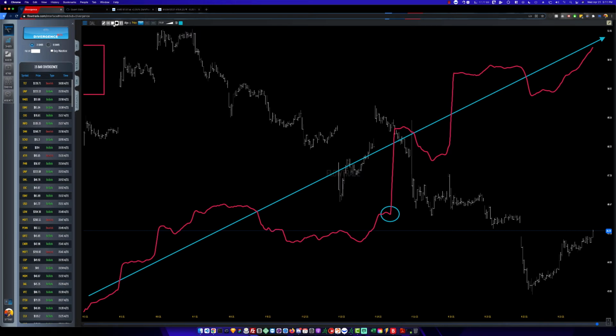The most recent divergence here is now played out. However, the algo line is acting as a magnet.